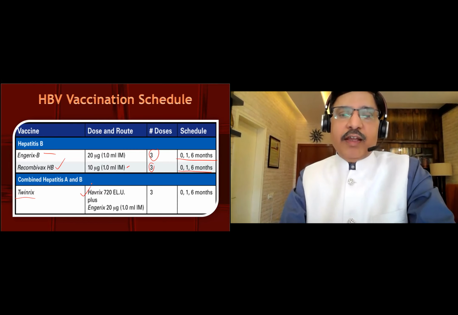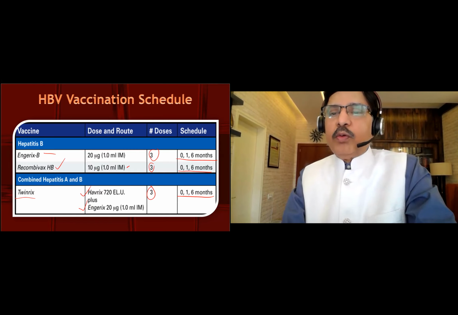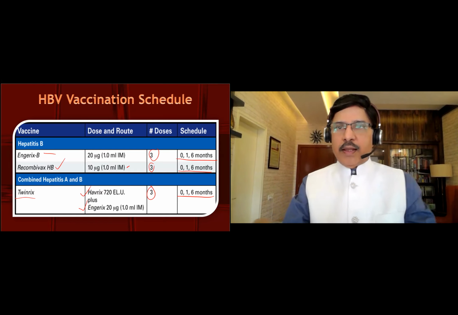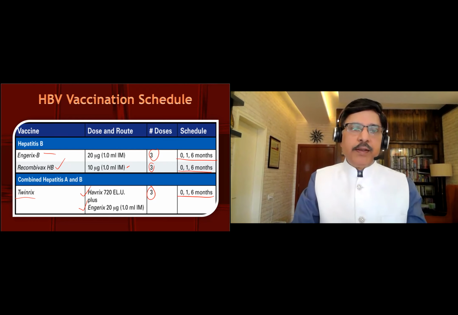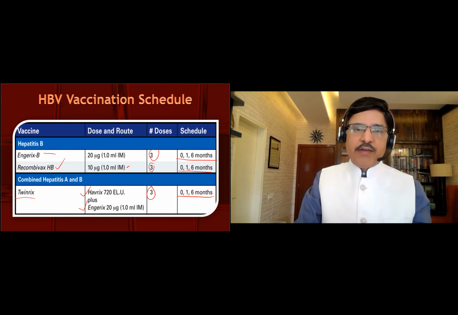HAV immunization with hepatitis B immunization together, that also 3 doses: 0, 1, and 6 months. So this is to prompt all of us, all health workers, must take the hepatitis vaccine. Twinrix can be taken, or you can have HAV Rix separately.